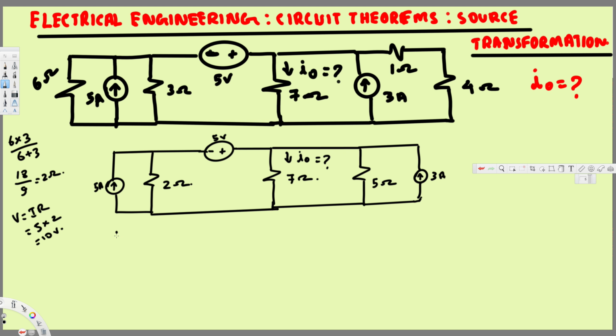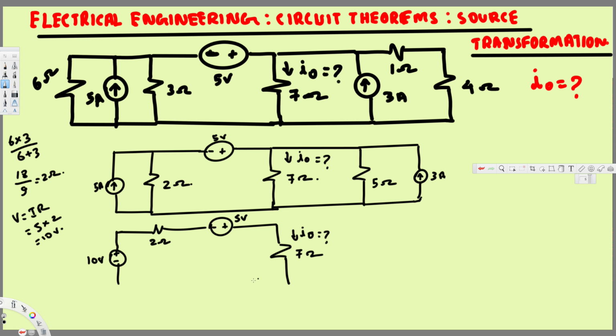So the new voltage source is going to be 10 voltage right here, and then we are going to have this 2 ohm in series, so this is going to be 2 ohm right here, and also we have this negative plus 5 voltage, and also we have this 7 ohm right here. We have I naught going through that.